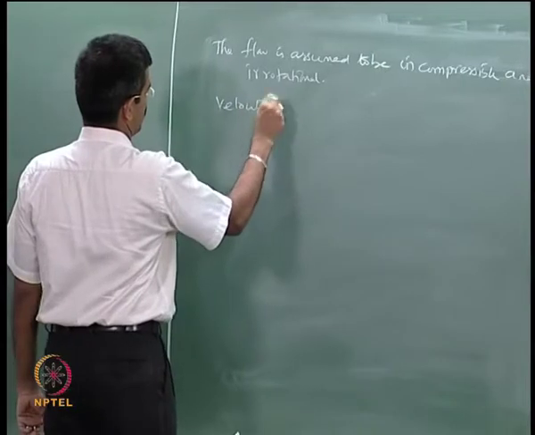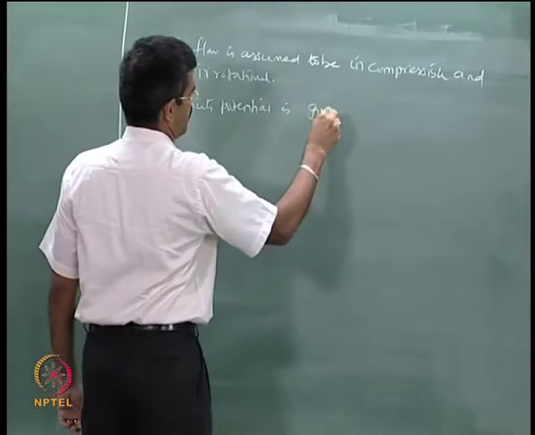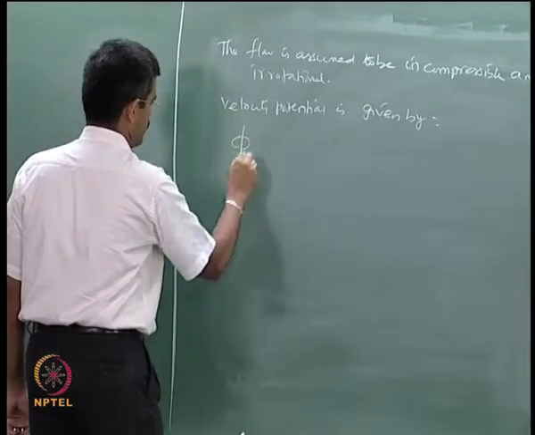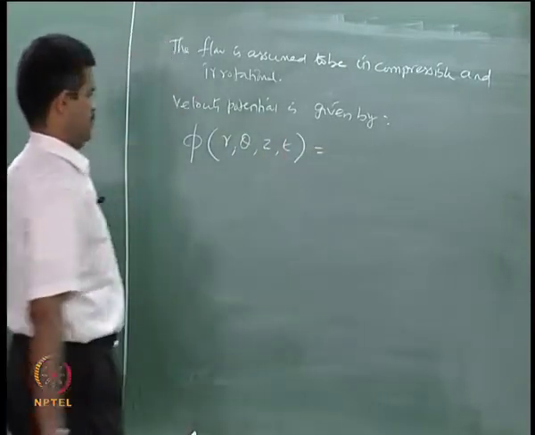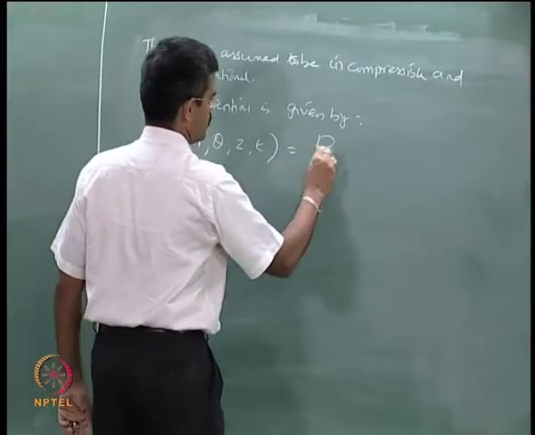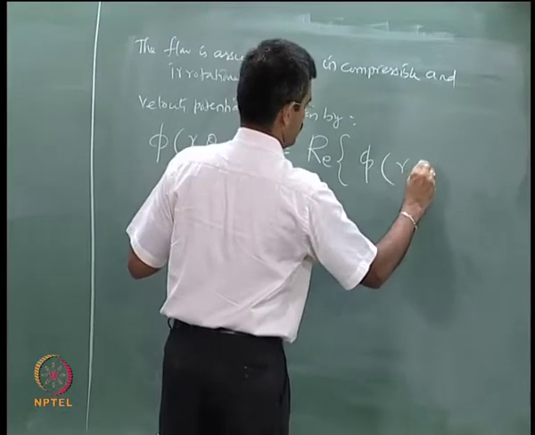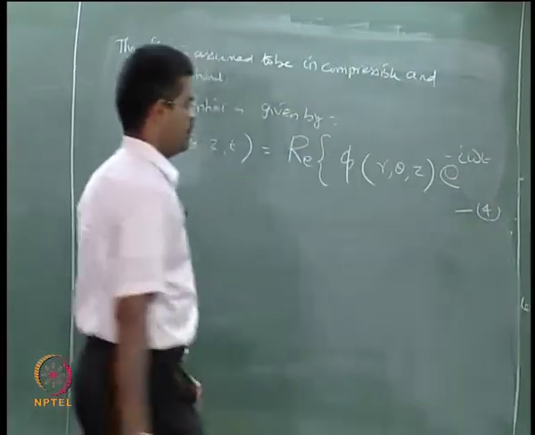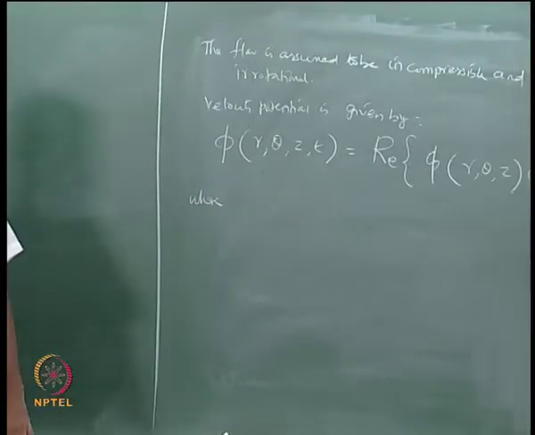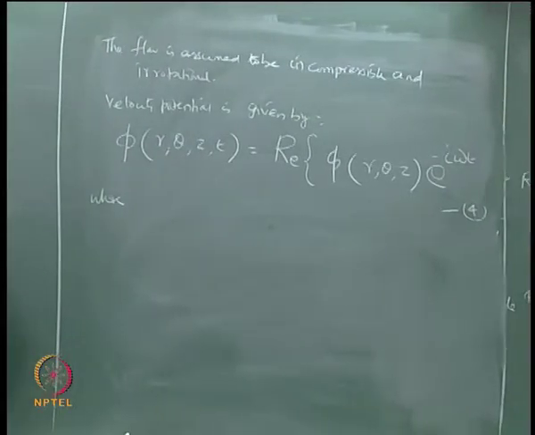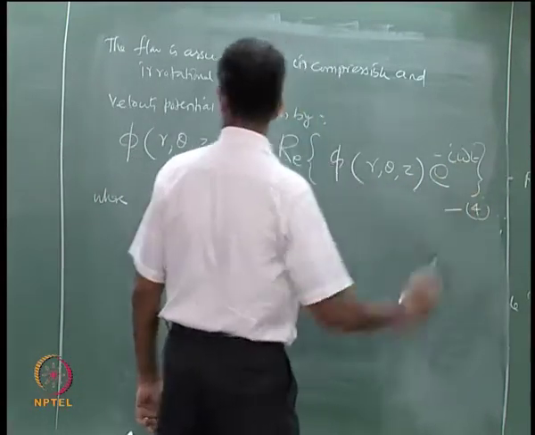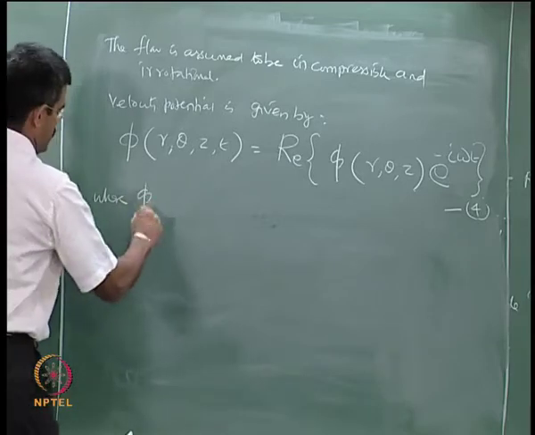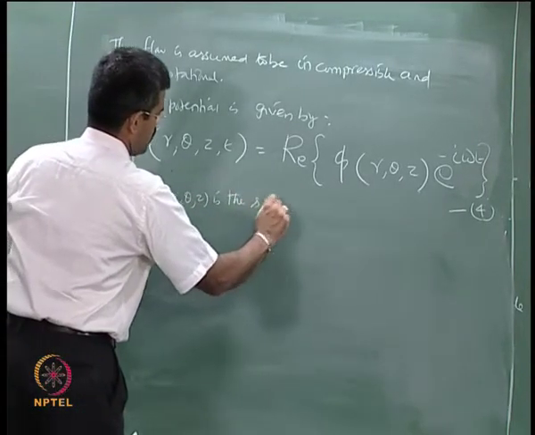Therefore, the velocity potential is given by equation number 4, where phi of r, theta, z is the spatial component.